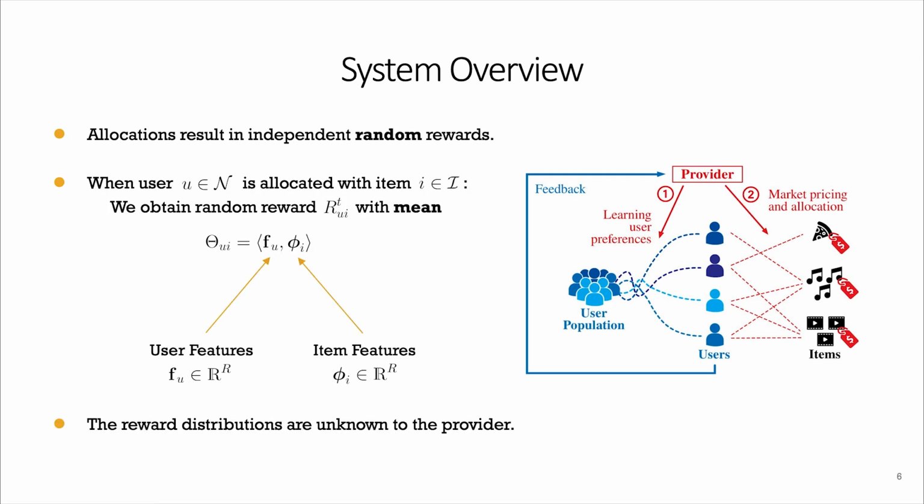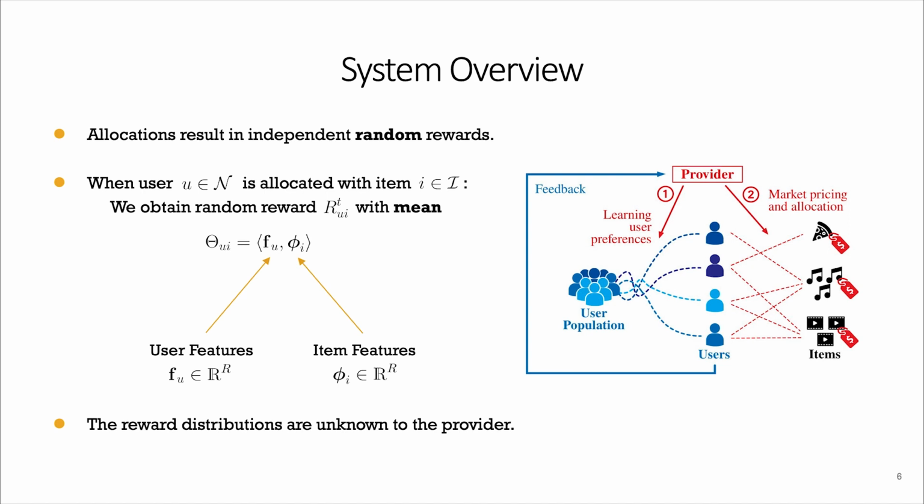Each allocation, which is a mapping of a user to an item, results in an independent random reward. So when a user U is allocated with item I, the system obtains a random reward RUIT, whose mean is given by theta UI. To use ideas from collaborative filtering and to capture the correlation between different user item pairs, we assume that the mean reward from each user item pair is given as the inner product of two feature vectors, where one feature is given by the user side and the other part is the features of the item.